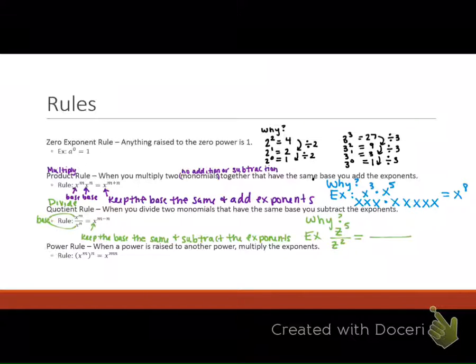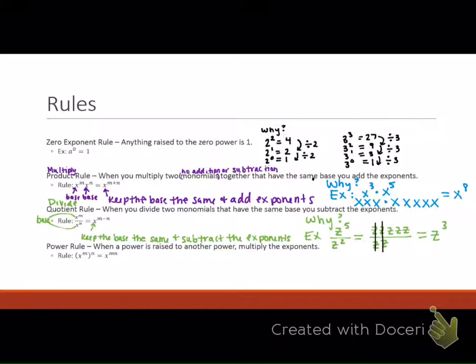Well, how many z's do you have on top? How many z's do you have on bottom? 2. So if you have something on top and something on bottom, they can cancel. How many z's do you have remaining? 3. So now does that make sense why you're subtracting the exponents?